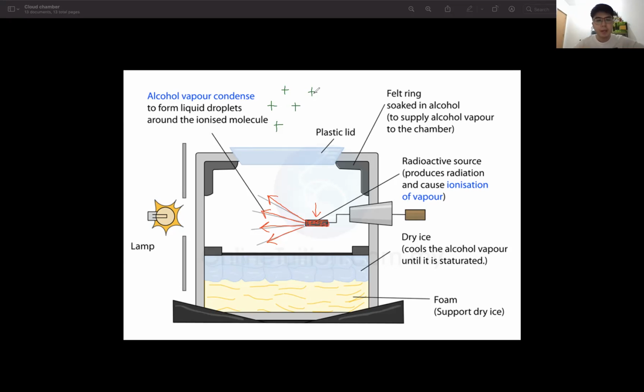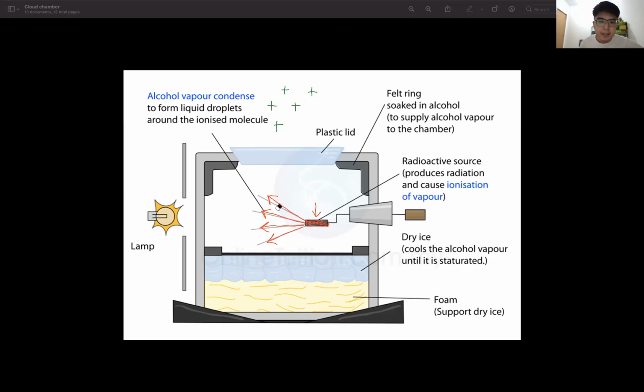I repeat again, because the air is so saturated that a little bit of disturbance, like ionization, can cause it to condense and become liquid droplets. So when the radiation is emitted, then the air will condense. And when it condenses, it shows the trail of the radioactive substance.